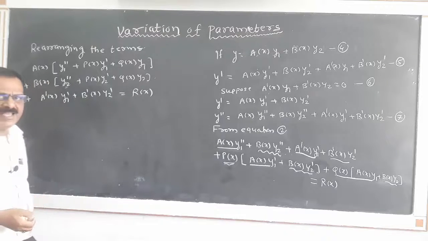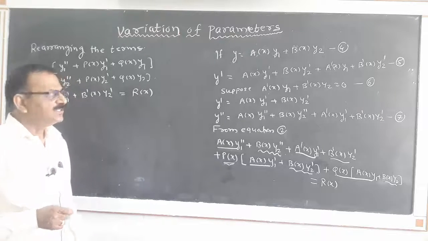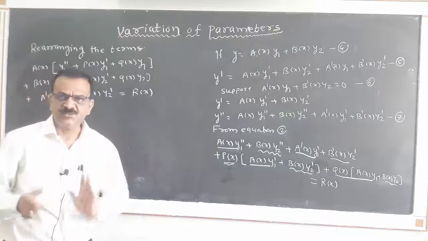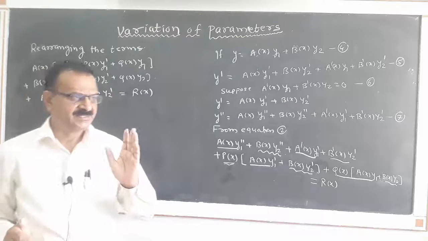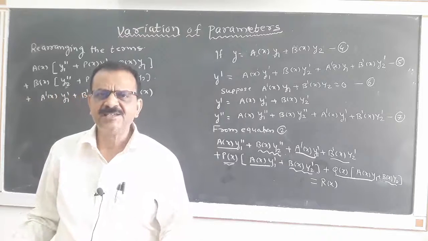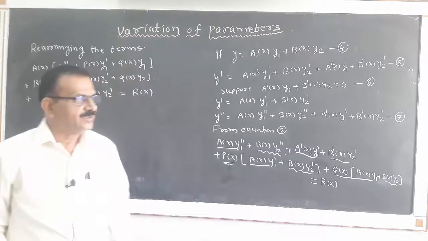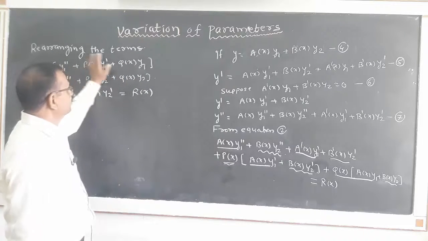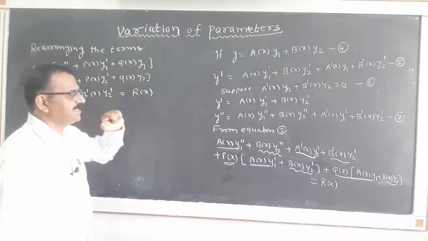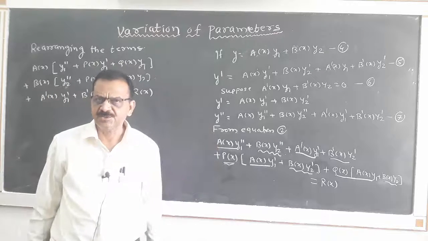Now, as y1 and y2 are solutions of the homogeneous differential equation 1, that is y double dash plus p(x) y dash plus q(x) y equal to 0, this bracket is 0: y1 double dash plus p(x) y1 dash plus q(x) y1 equal to 0.